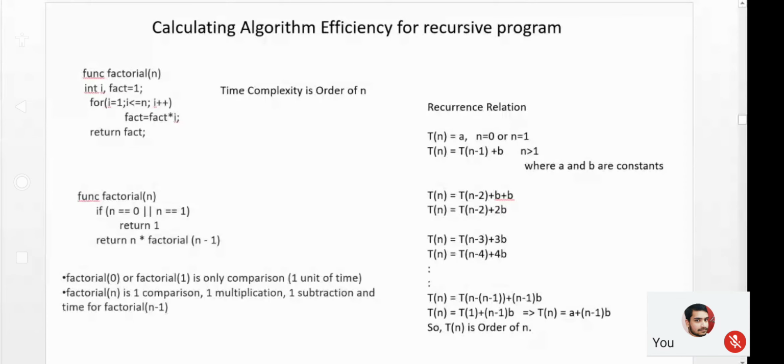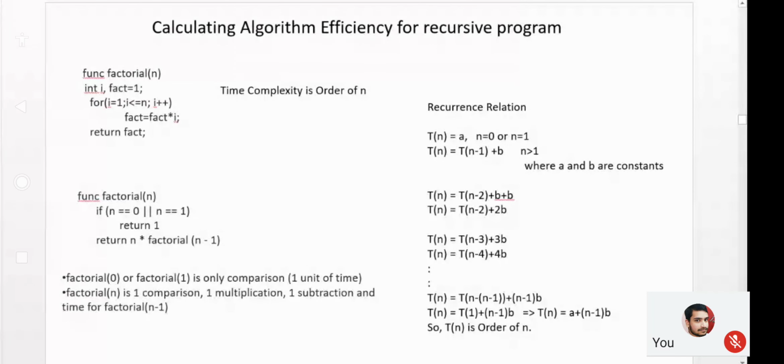This is one comparison. One multiplication is there, as well as one subtraction. Subtraction takes constant time, multiplication takes constant time, addition takes constant time. So these are all constant time, along with the time it takes to execute factorial of n minus 1. So that's why I have written T of n equals T of n minus 1 plus b.